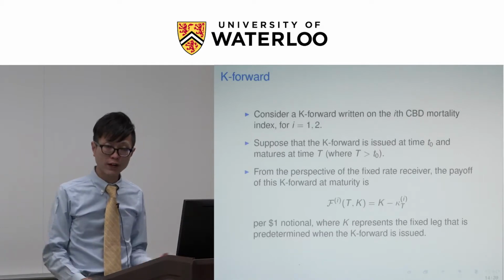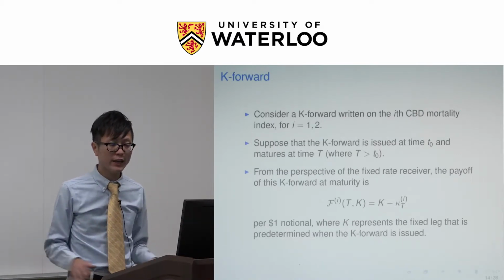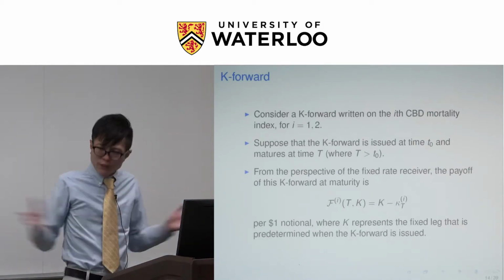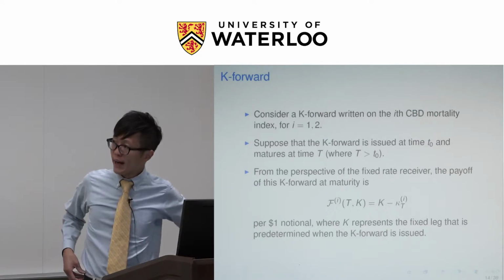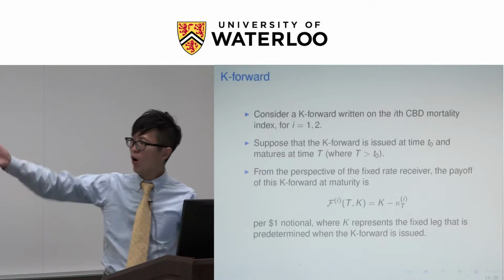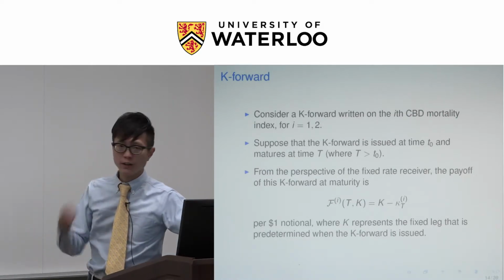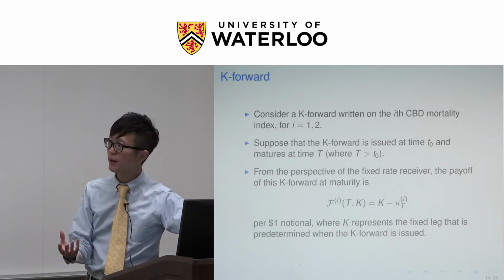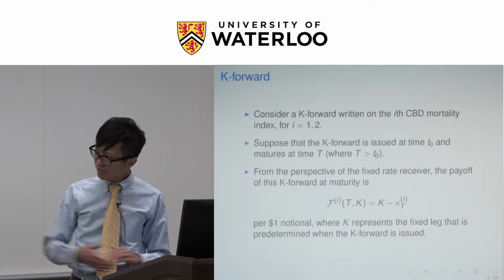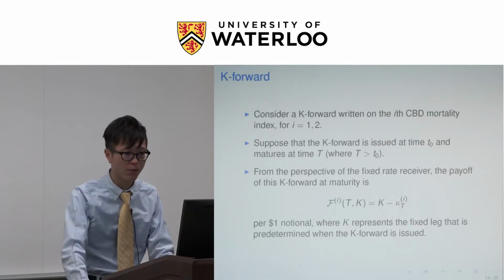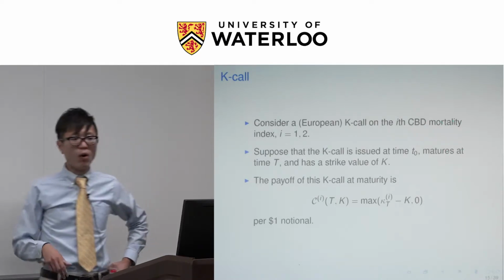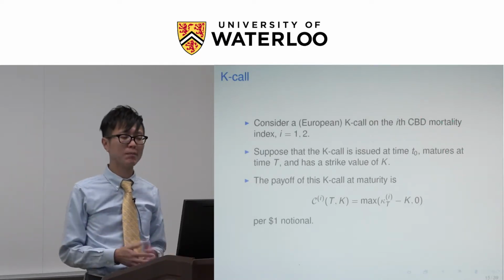I'm going to go through three simple types of securities in today's presentation. The first one is the existing K-forward, which is very simple. For a K-forward written on a CBD mortality index, the payoff is simply K minus the value of the CBD mortality index at maturity. So I have the payoff structure specified in this formula. And the K-call features an option-like payoff.